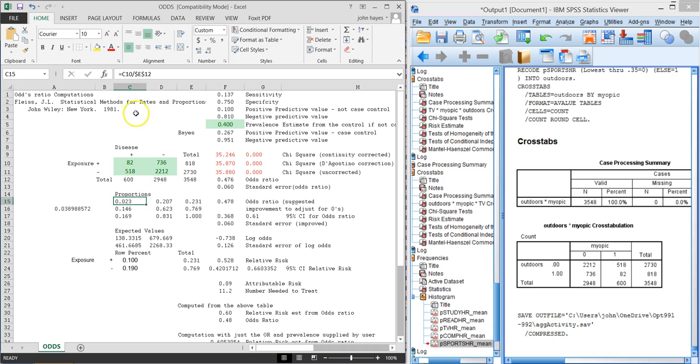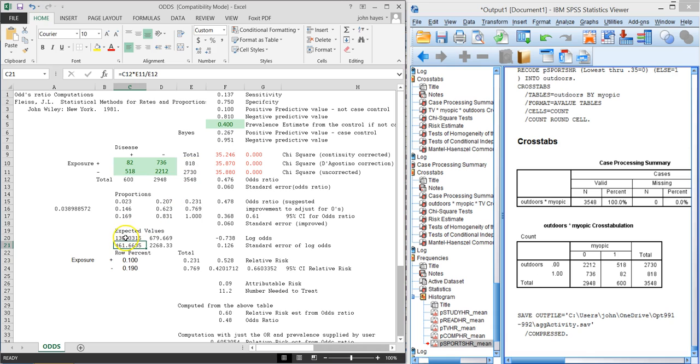If we look down here, this is the proportion of each of these cells to the total. So this is the total. Expected values. The expected value for this cell right here of 82, which is the upper left-hand corner, we have 4 expected values. It's this marginal total times this marginal total divided by that grand total. That gives us the expected value.